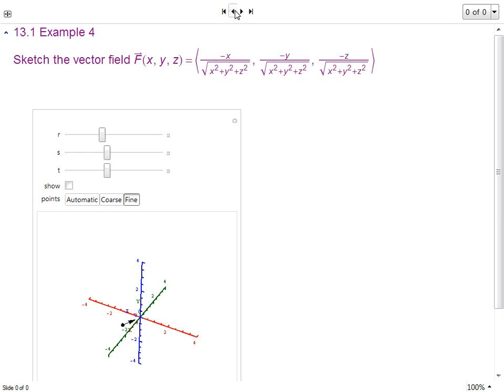We have to figure out what little f we could take the gradient of to get that. If there is a little f that I take the gradient of and get that, then it's called a conservative vector field. It is not guaranteed, though, that that little f exists. And that's the challenge, to try and determine what little f it came from.